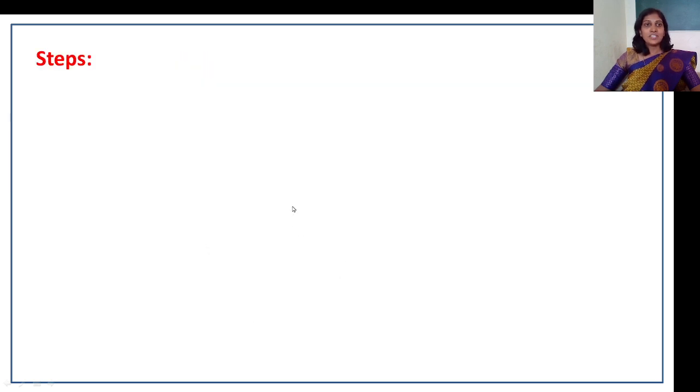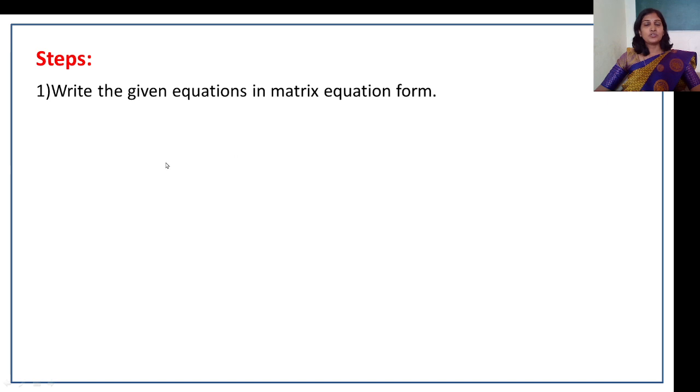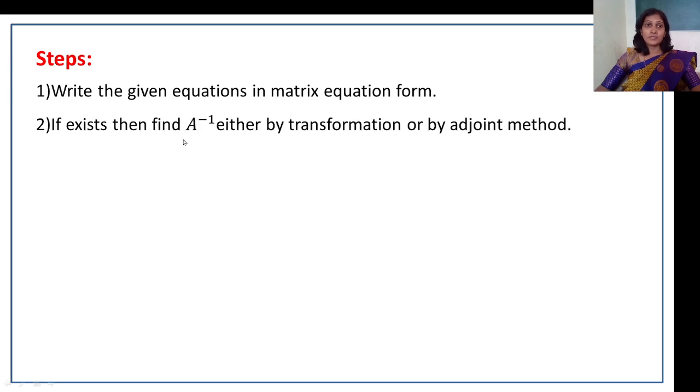Then there are steps to find the values of the unknowns. The first step is to write the given equations in matrix form, that is, in AX is equal to B form.